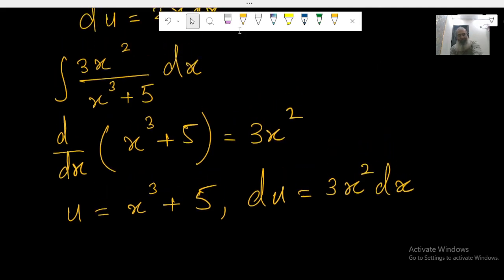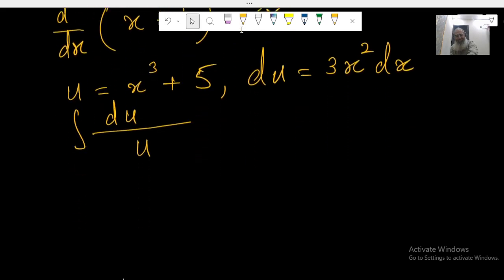I replace 3x squared dx with du, and here x cubed plus 5 is u. Now I'm ready to integrate.